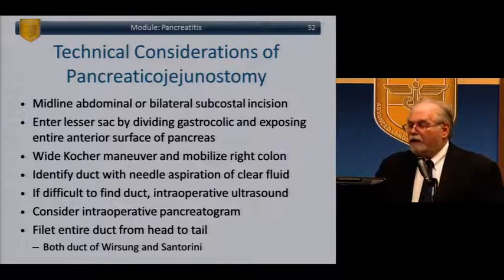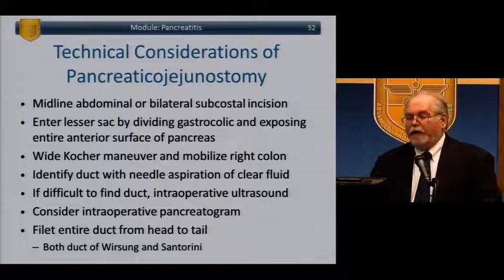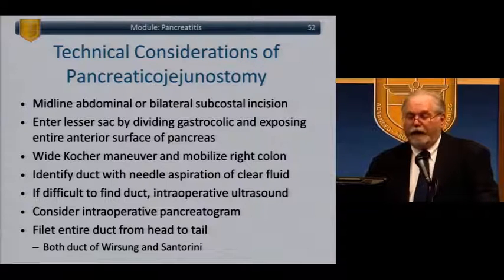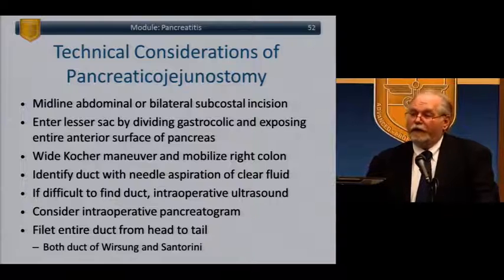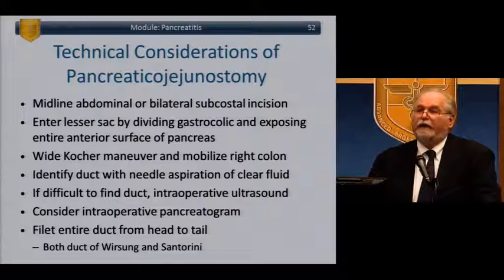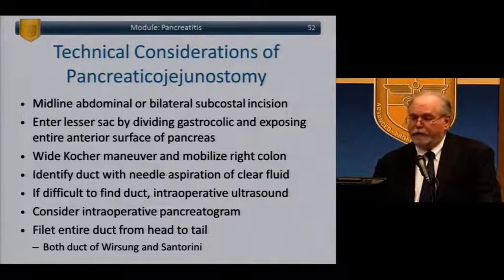Fillet the entire duct from head to tail, both Wirsung and Santorini, and then lay a jejunal loop over it. The general reason that these fail is that you fail to carry the dissection far enough onto the head to deal with all the strictures.